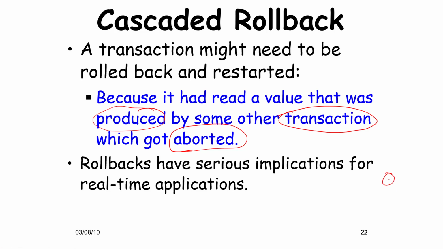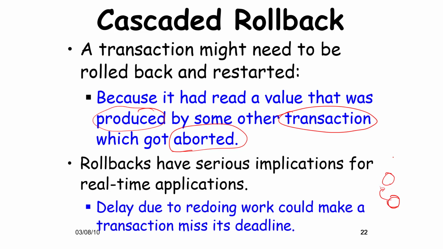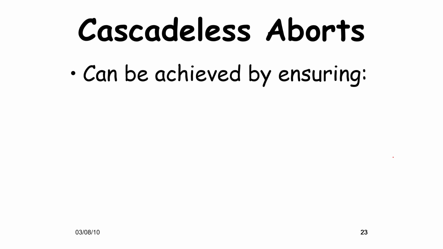Because assume a real-time transaction, right? It goes on a long time, then one transaction is rolled back, and because some other transaction had read data written by it, that is rolled back, and so on and so forth. So these transactions could miss their deadlines because of this delay of rolling back.